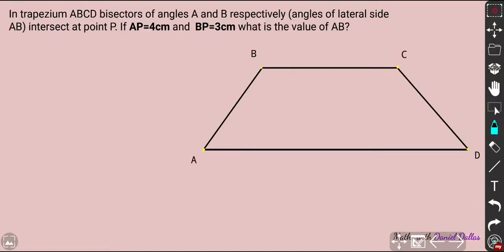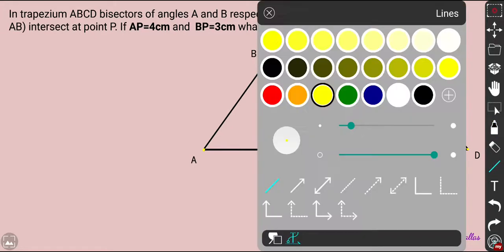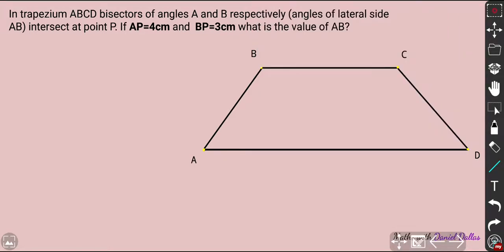Here is problem 1. We have a trapezium ABCD, and bisectors of angles A and B respectively intersect at point P. So right now I'm going to draw those two line segments, the bisectors of angles A and B, as precisely as I can.